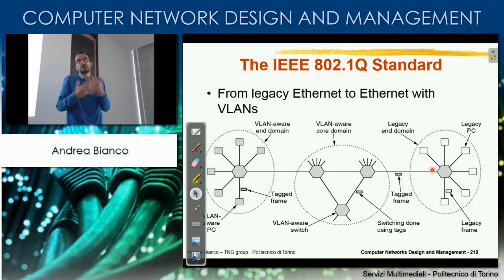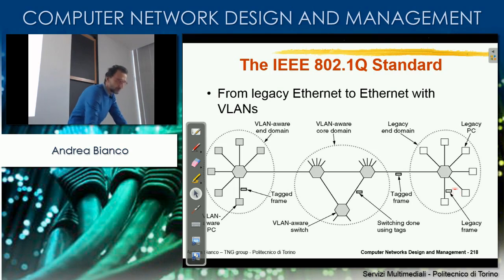So VLAN support is good, but if you are not able to deal with that because your card is not able to support it, the network still should be able to operate. Okay? So in this example, you have what is called a legacy domain here, which is unaware of VLANs, unable to tag packets, and here you have a VLAN aware area.